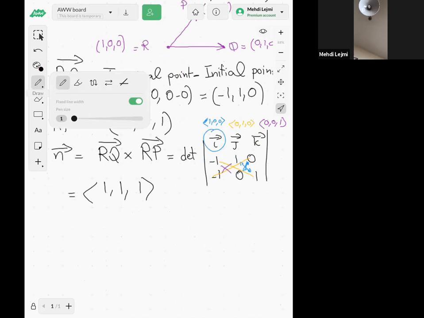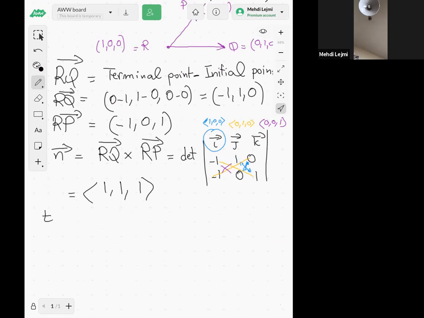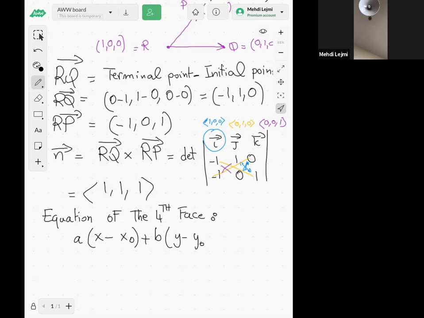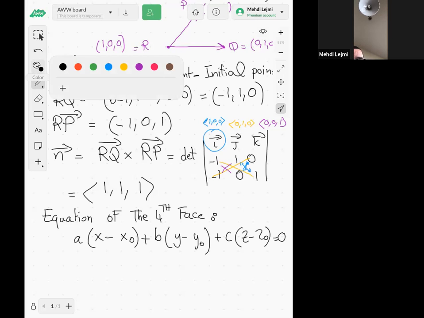Okay, so then the equation of our plane, the fourth face. So we said it's a(x minus x0) plus b(y minus y0) plus c(z minus z0) equals 0. So the A, B, C would be the components of the normal vector, right?